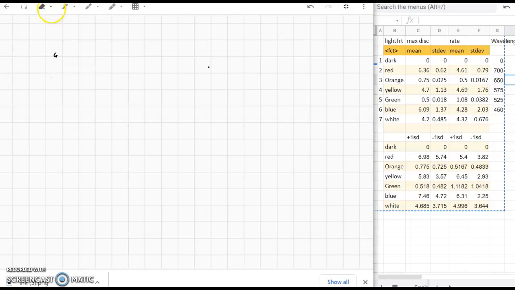Alright, so for the linear graph, for rate, I'm going to do that as our practice. 4.69 is our maximum, so 5, 4, 3, 2, 1, and 0 on that.